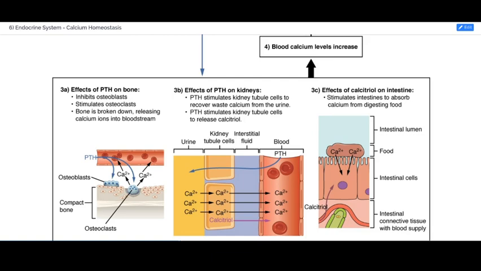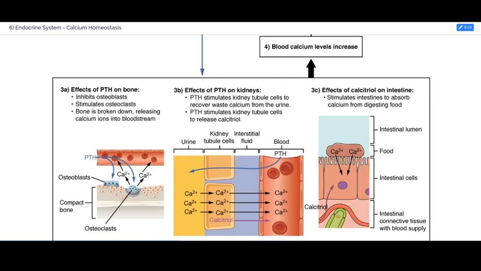But PTH does a couple of other things to help with the process as well. It will also stimulate the kidneys to resorb, or pull calcium out of the filtrate more, rather than letting it be lost to the urine.